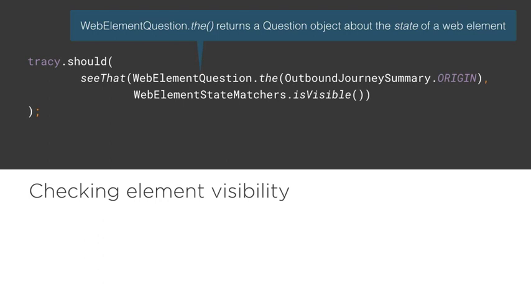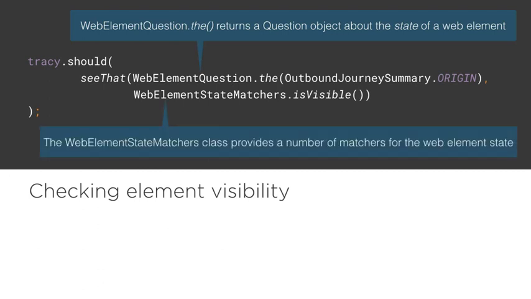So you can say WebElementQuestion the outbound journey summary origin. That will get you a question about the state of the web element. And then we have a set of matchers, our WebElementStateMatchers, which have a whole lot of options. Here we're seeing isVisible, but we'll see there are a lot more that check the state of that element.